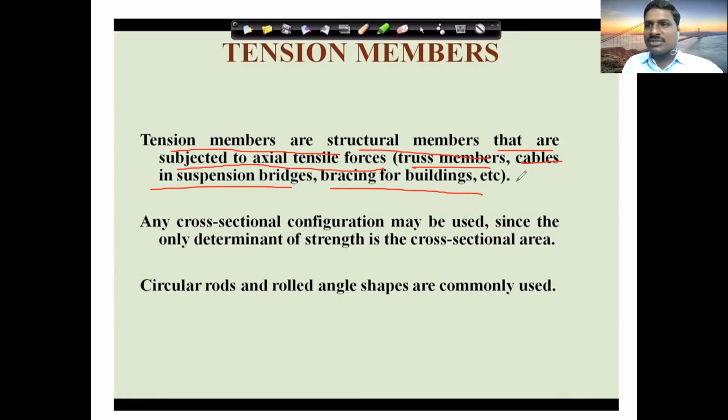Cables, have you seen the cables? Where have you seen the cable-stayed bridge, the suspension bridges? In suspension bridges like this one you have seen, these are the cables. Such type of bridge, have you seen?